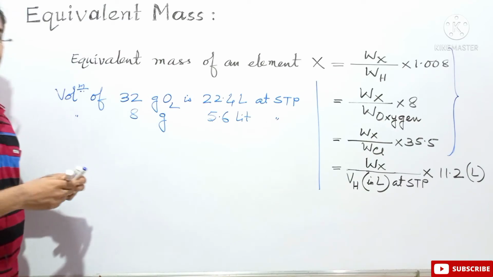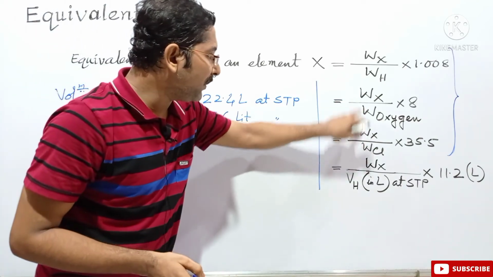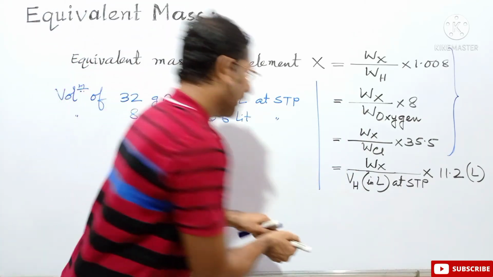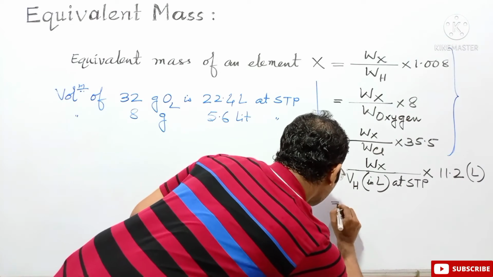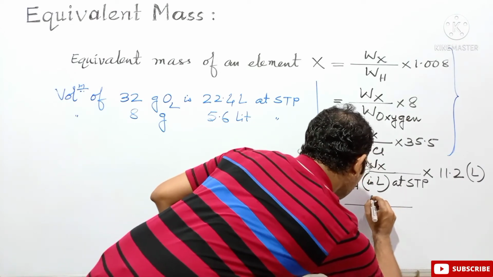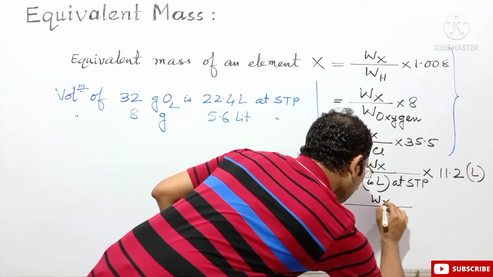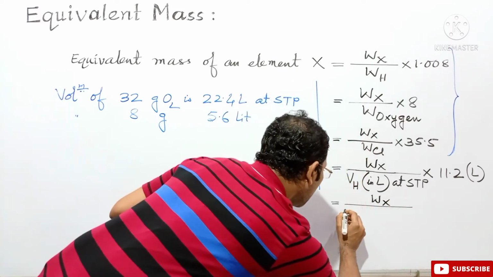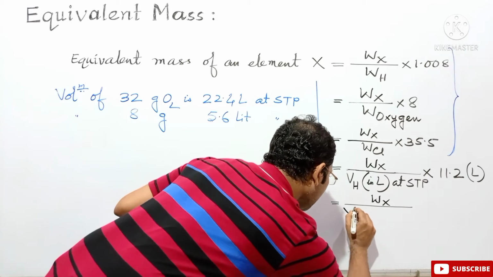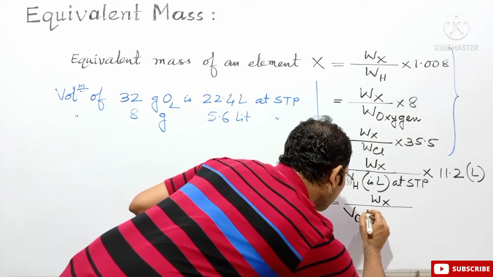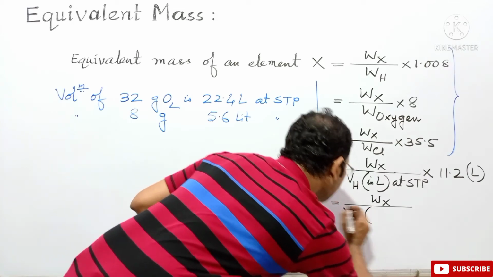Liter at STP. So we can modify this equation also in the form, say, this one is W of X over volume of oxygen, of course in liter.